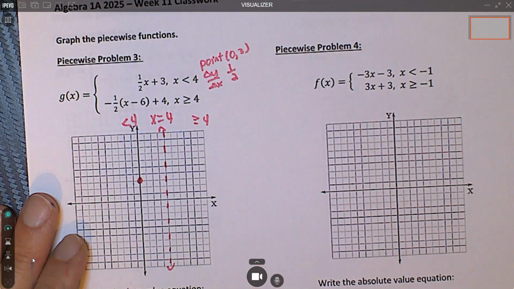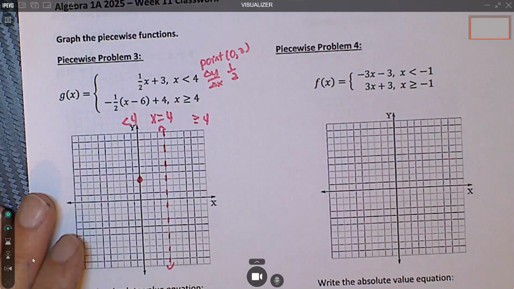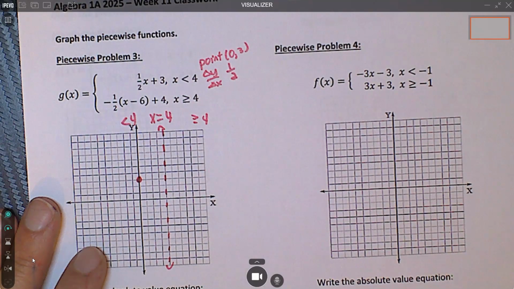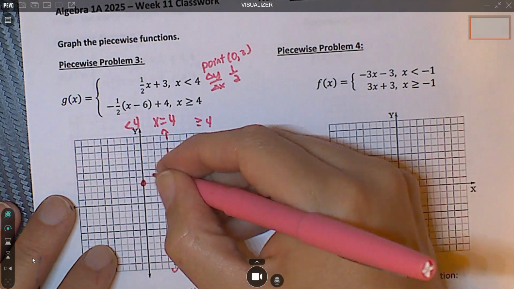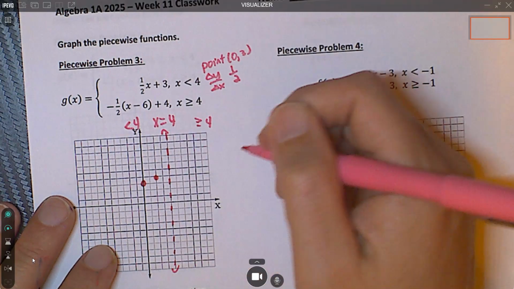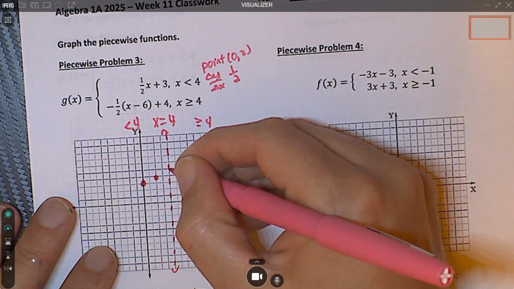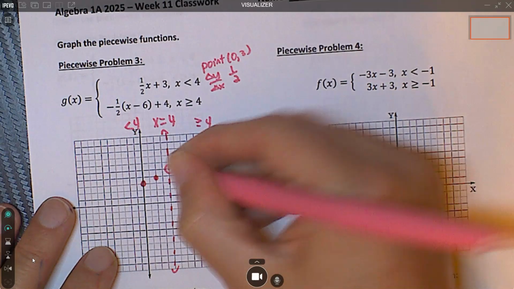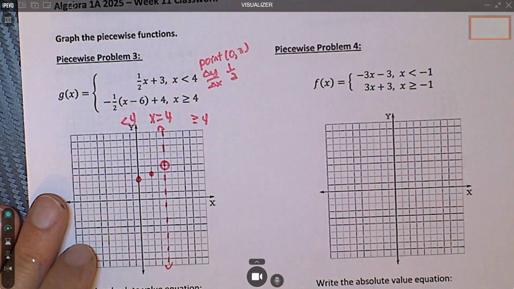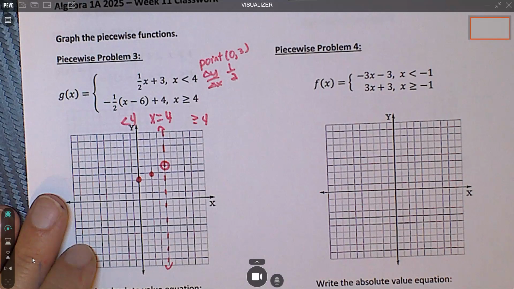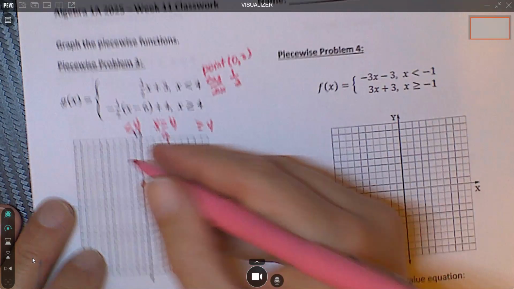Okay, when the x's are less than 4, it's the top function. Okay, when I go up 1, right 2, it technically can't be on that because it's less than 4.